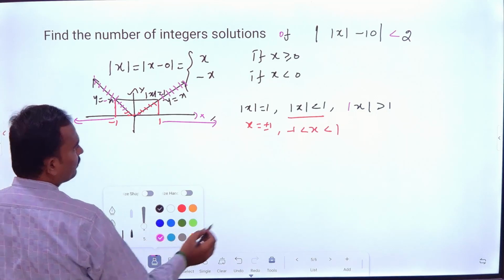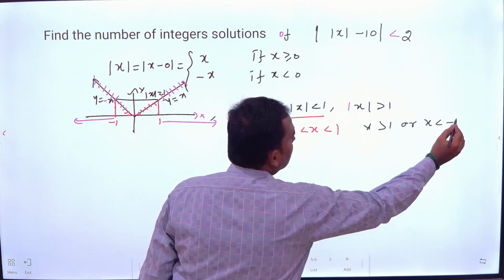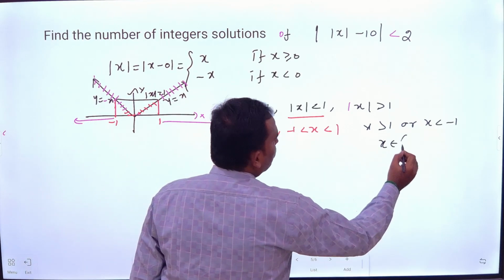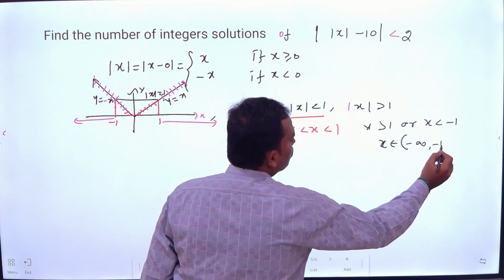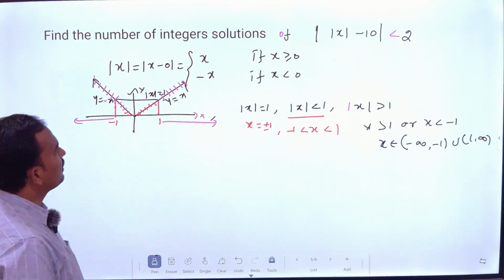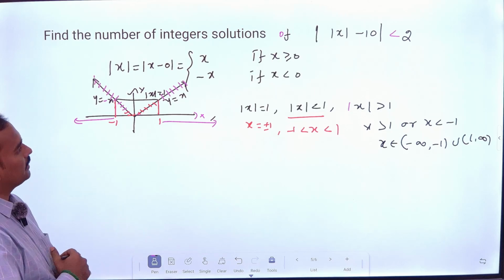Understood through the graph? In interval notation, x belongs to minus infinity to minus 1, union 1 to infinity. This is the idea of inequalities of the modulus.